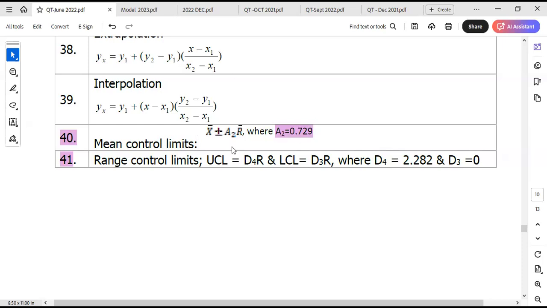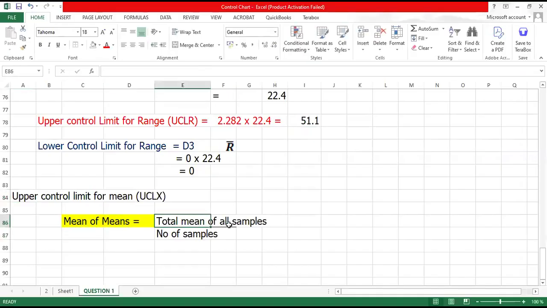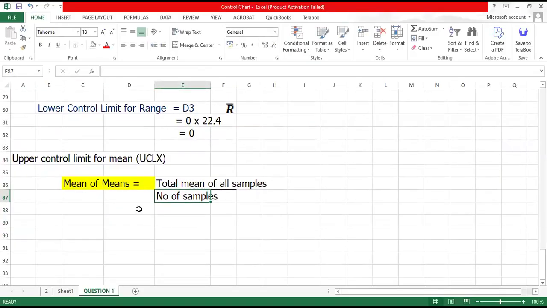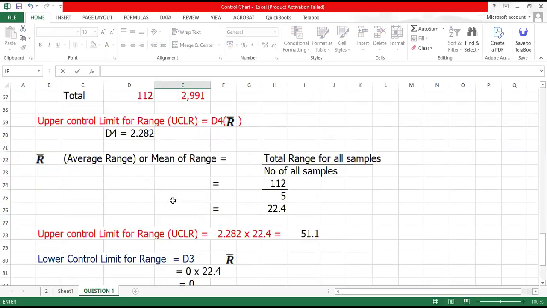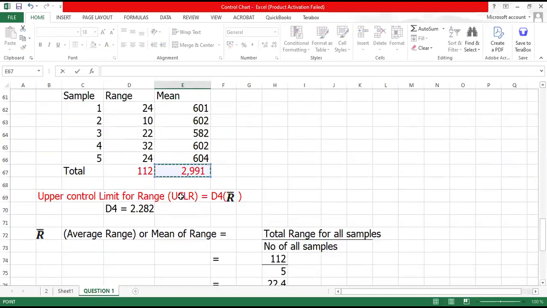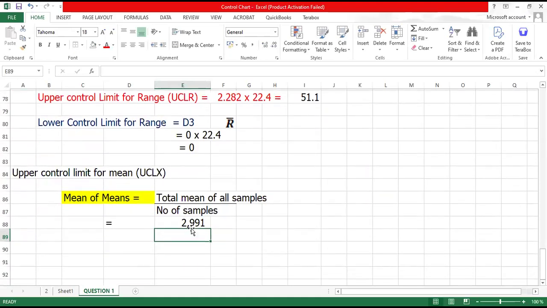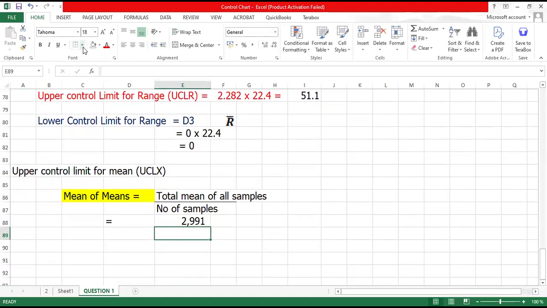So let's get X bar, the mean of means. For the mean of means, you get the total mean of all samples divided by the number of samples. So what is the total mean? Total mean is this, divided by the number of samples, divided by 5.